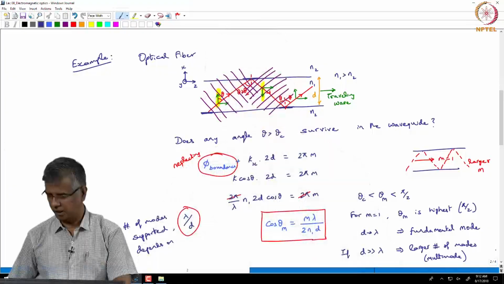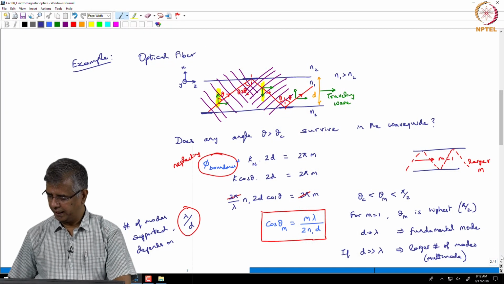We were talking about different modes, and this is a very simplistic picture just to show how different modes take different angles. If you go back to the ray picture, which is probably easier for some of you to understand, it takes different angles, and so we came up with what that angle should be for a given mode.